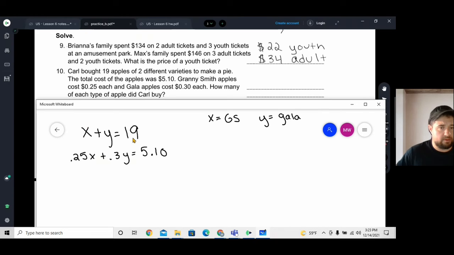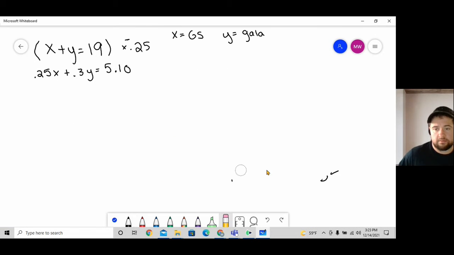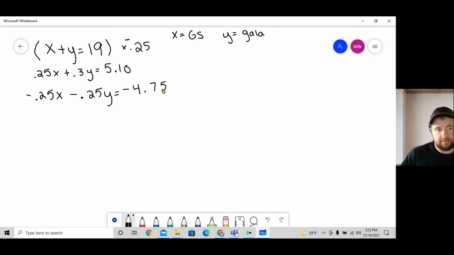So I'm going to take this whole top equation right here and multiply it times negative 0.25. Now, what I'm going to end up with is negative 0.25x minus 0.25y equals negative 4.75.